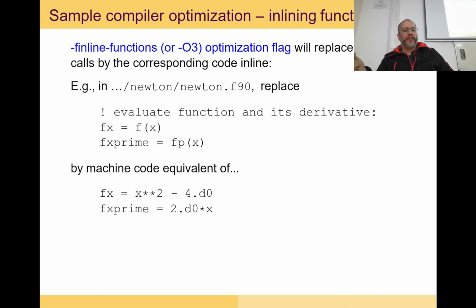The function was hard coded in the actual main program. So that's called inlining. You can enable the inlining optimization, or O3 automatically has inlining in it. If your function calls are too frequent or too many, then you can save some time by inlining functions through this optimizer flag.